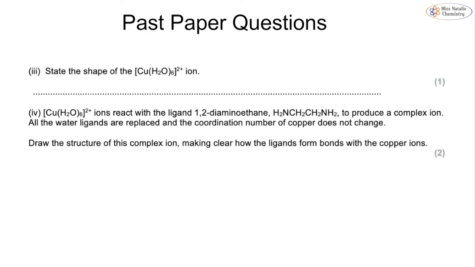Well, if it's got 6 ligands like the water, this is of course going to be an octahedral complex. And then this octahedral complex can then react with this 1,2-diaminoethane to produce a complex ion, and all the water ligands are replaced, but our coordination number stays the same.